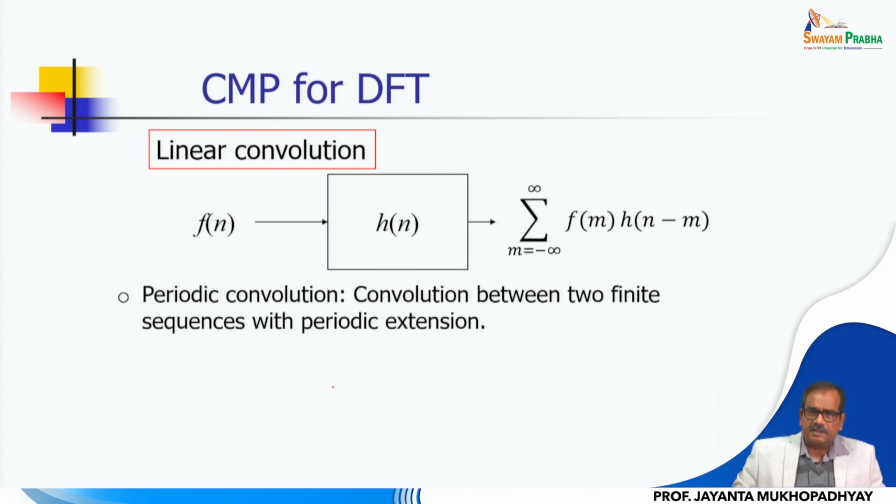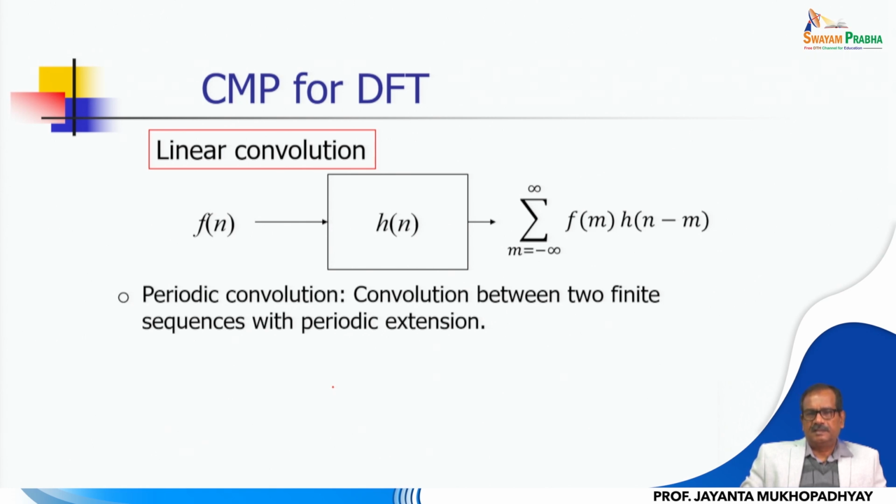Now, in the discrete domain, instead of linear convolution, because we are handling finite sequences, another kind of convolution is very relevant. We call it periodic convolution, which means we convolve only with the signals restricted to one period.